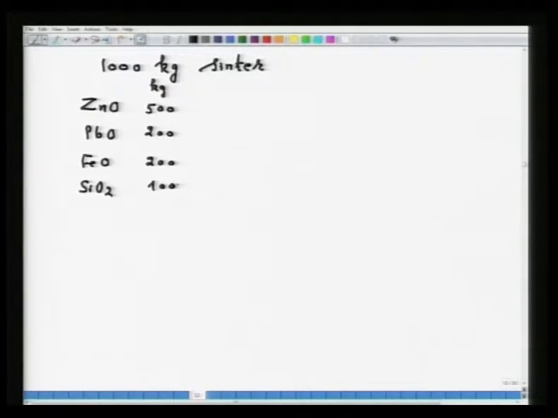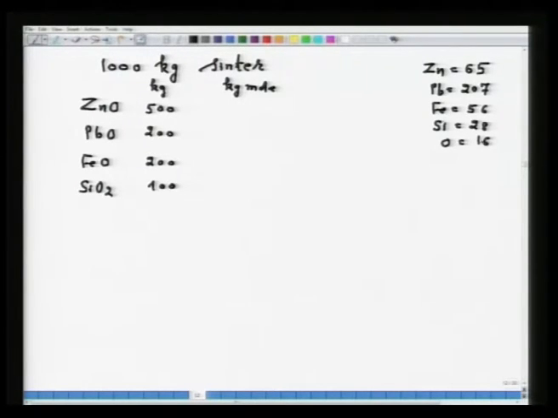Now, I am converting into kg mole. Here I am using the atomic weight of zinc 65, lead 207, iron 56 and silicon 28. Of course, I do not need to say oxygen is 16.